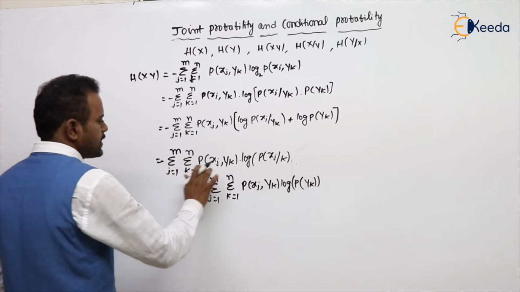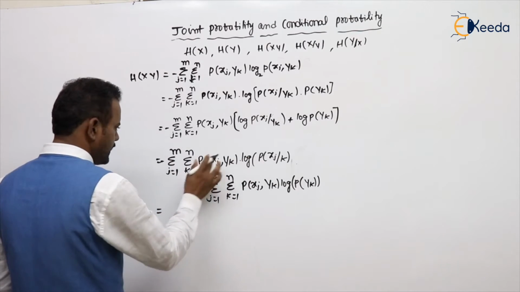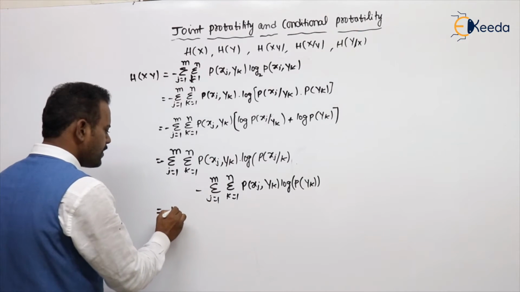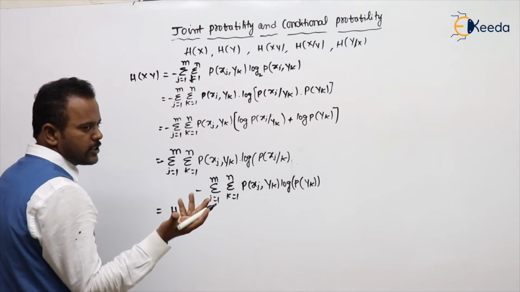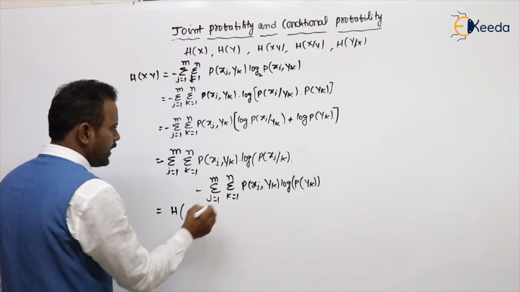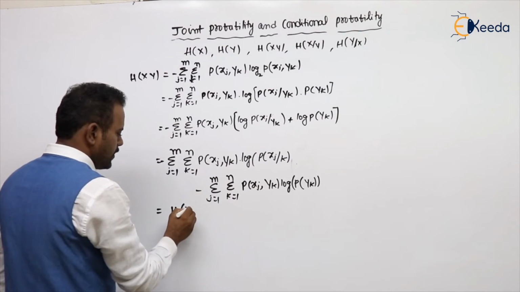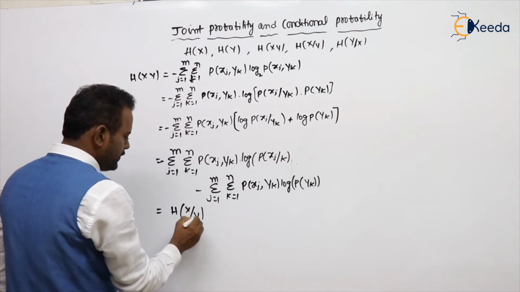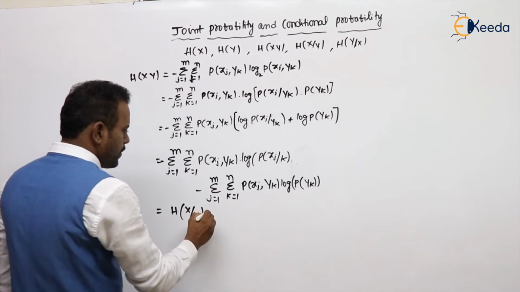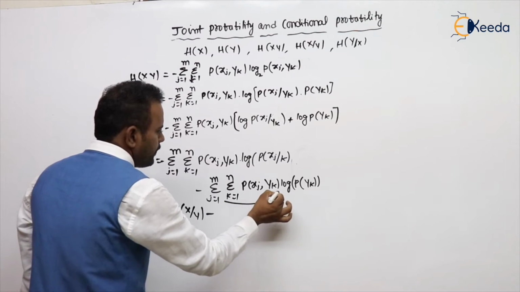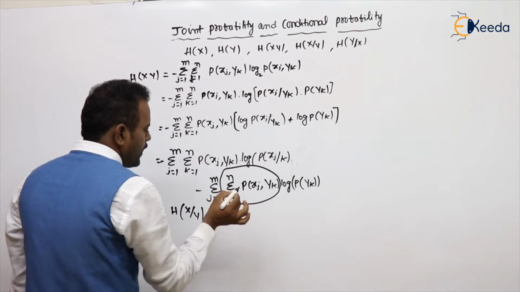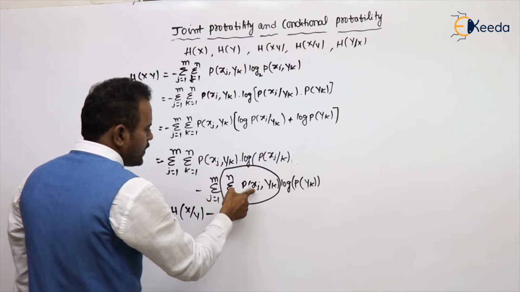Now what is this? The first term is nothing but the conditional entropy, H of x by y, with x as numerator. Now observe the second term.